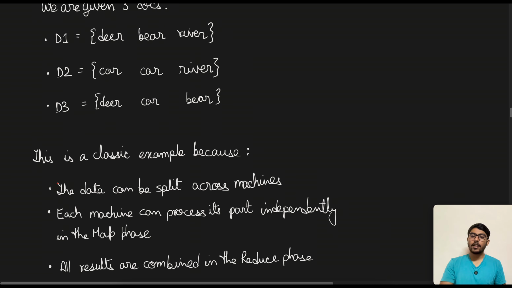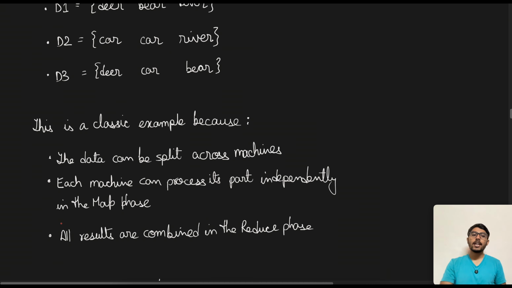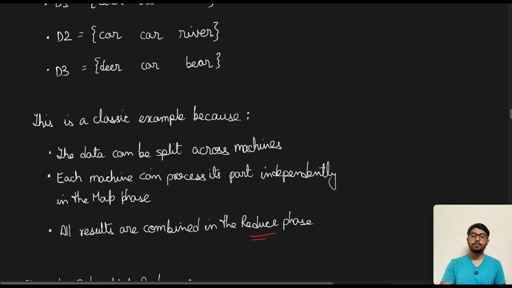So it can take the document and process it as per its capacity and process schedule, and then all the results are combined in the reduce phase, which we'll see. So this phase isn't linked to where the machine is, how many calculations it has completed, none of that. Once the calculation is completed in the map phase, then we come to the reduce phase, right?